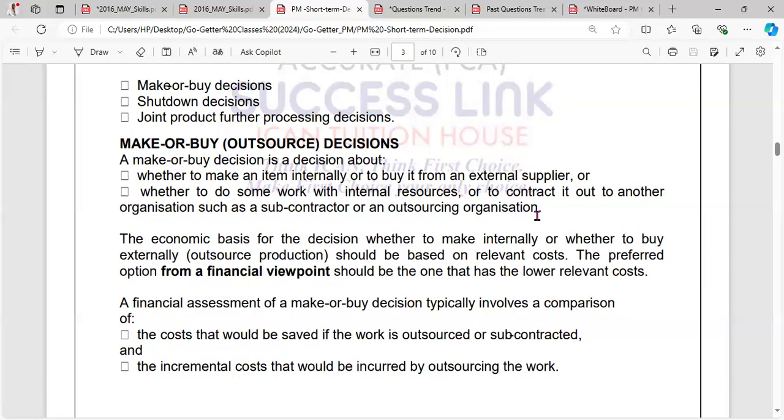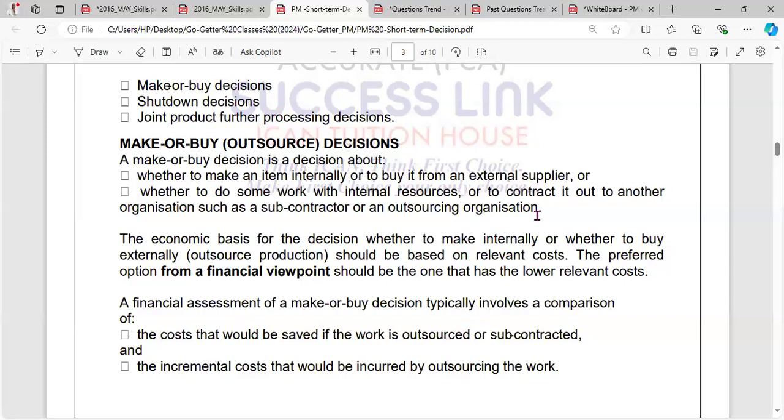If the relevant cost is bigger, if you are giving it out and it's going to cost you more than when you make it, then by all means, you make it. So what I'm saying here is the relevant cost of making it versus the relevant cost of contracting it outside. That's a better language. The relevant cost of making it versus the relevant cost of giving it out.